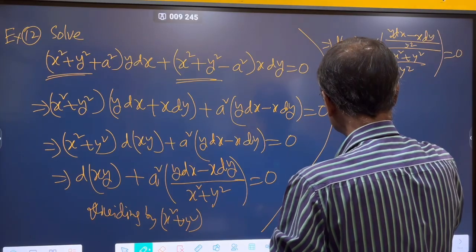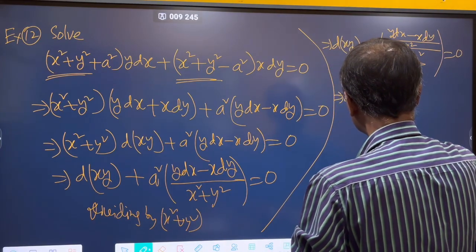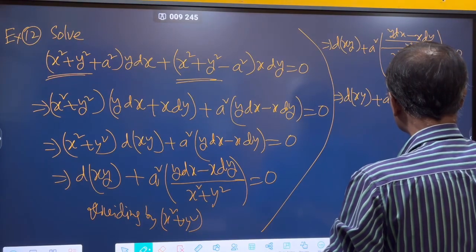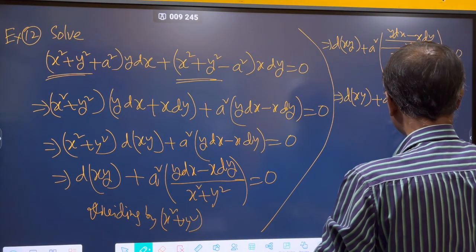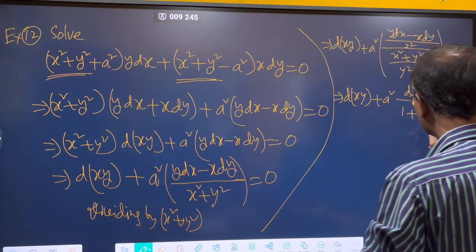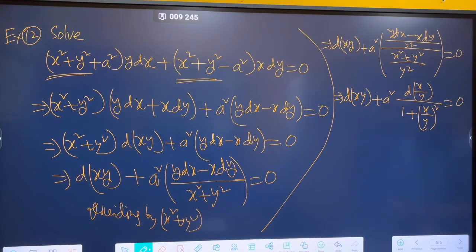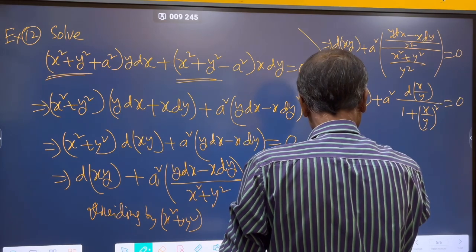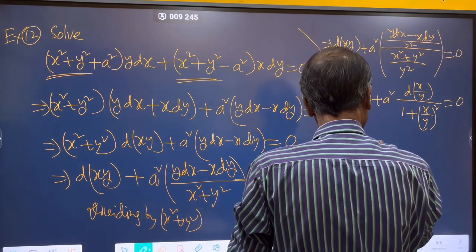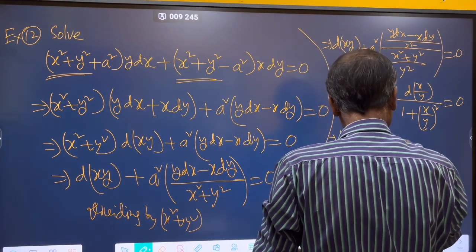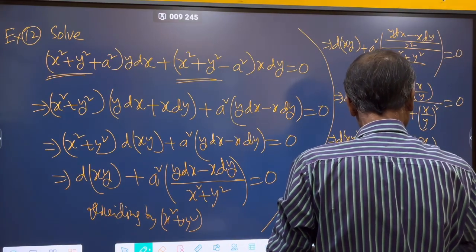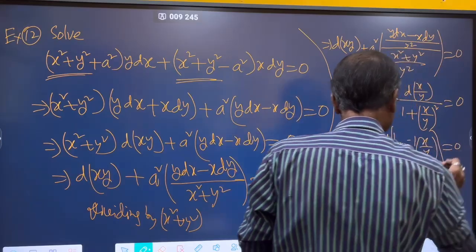This means d of xy plus a square, you may write d of x by y over 1 plus x by y whole square, equal to 0. Or d of xy plus a square, this can be written as d of tan inverse x by y, equal to 0.